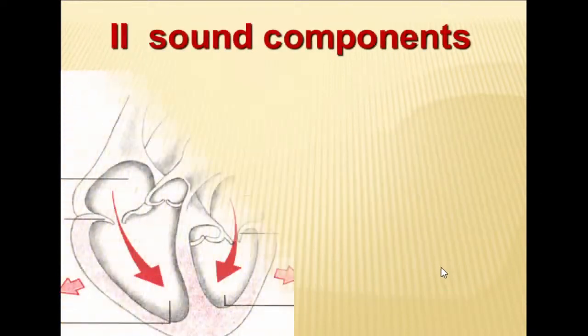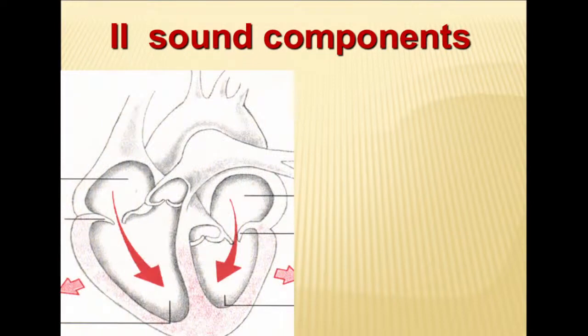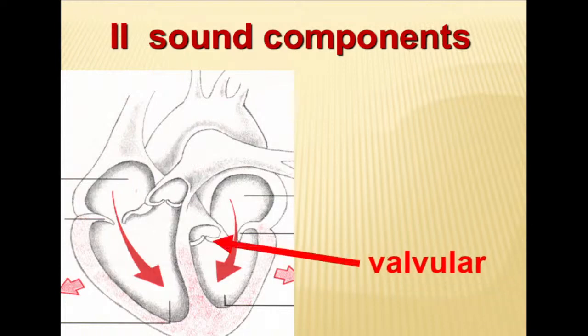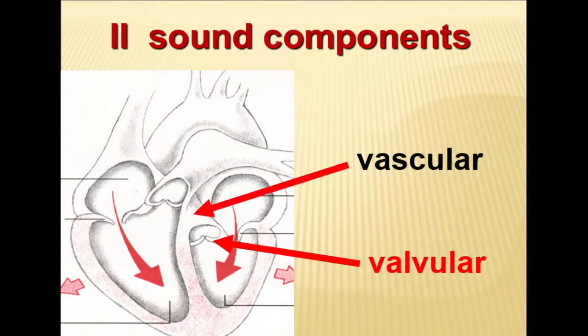Second sound, diastolic sound, appears due to audible process during diastolic period. It starts from closing semilunar valve to prevent comeback blood flow, valvular component, and transmitted vibration of the vessel, aorta or pulmonary trunk.